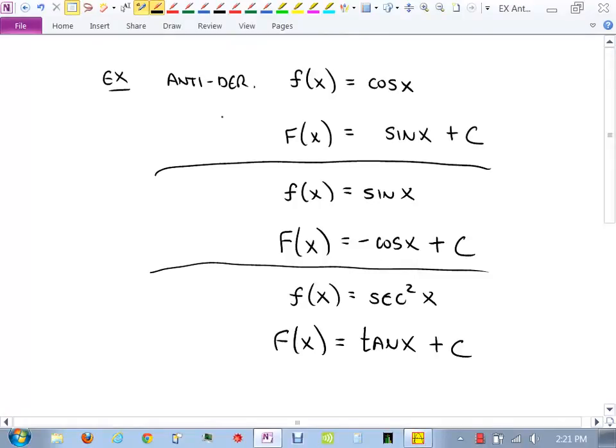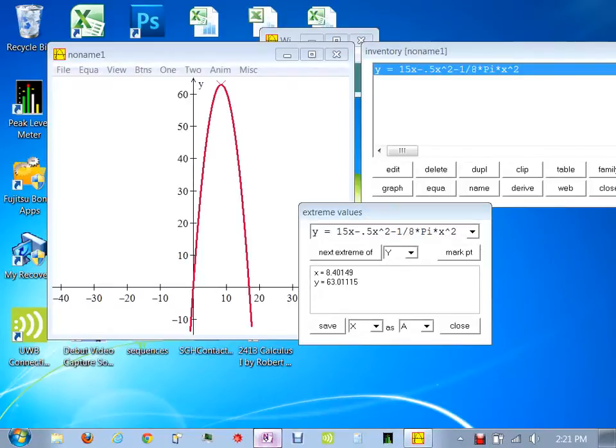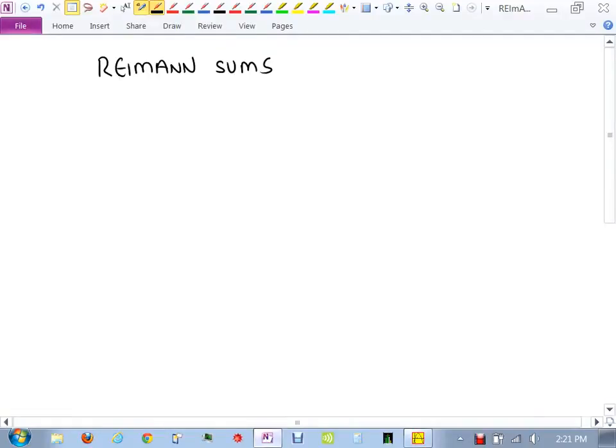Now I'm going to try and introduce you to something, a kind of a different concept. Riemann sums. I don't know if that's R-E-I or R-I-E. I forget.